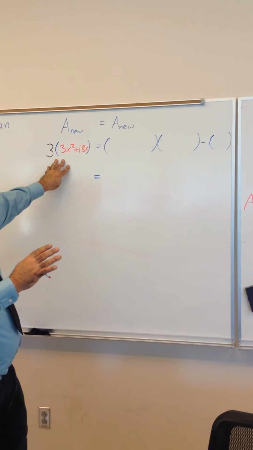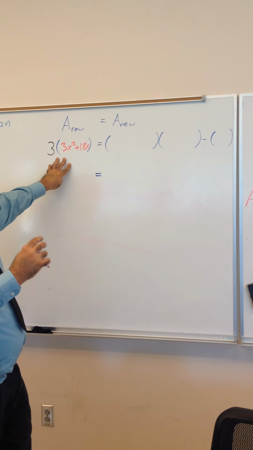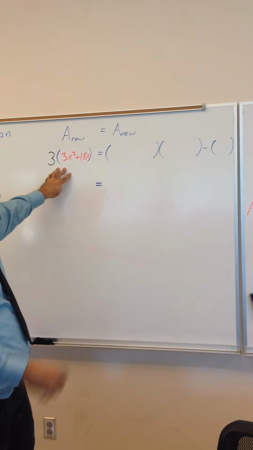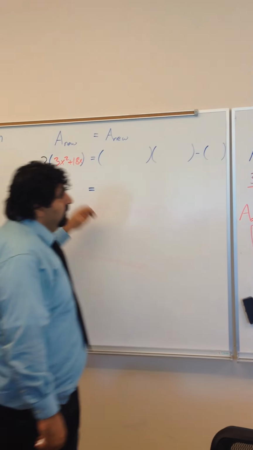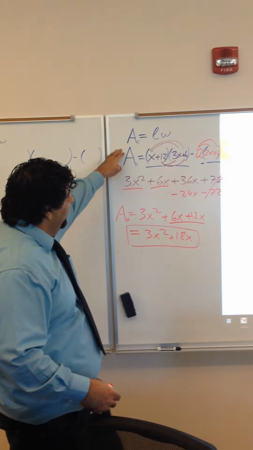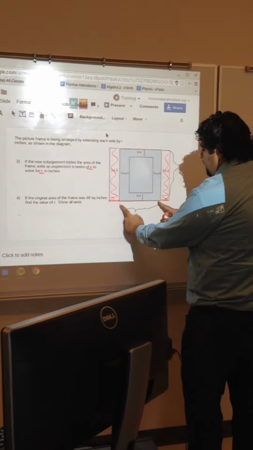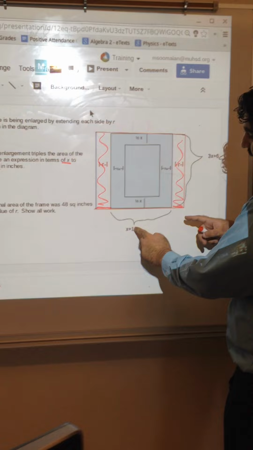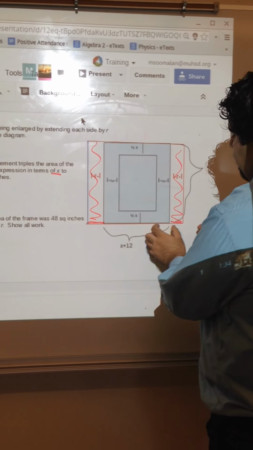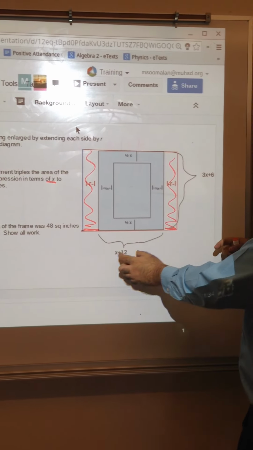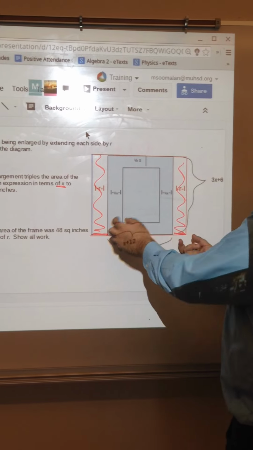However, they want you to use the new variable r. So in order to do this, you will repeat this process, except instead of using x plus 12, you use x plus 12 plus r, or in other words, x plus 12 plus 2r.